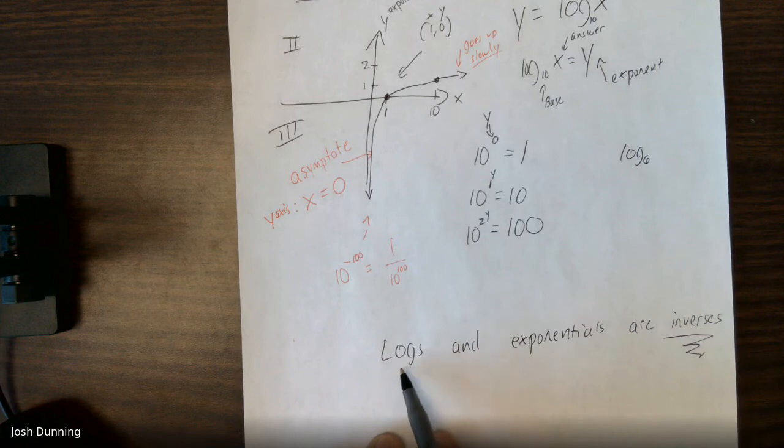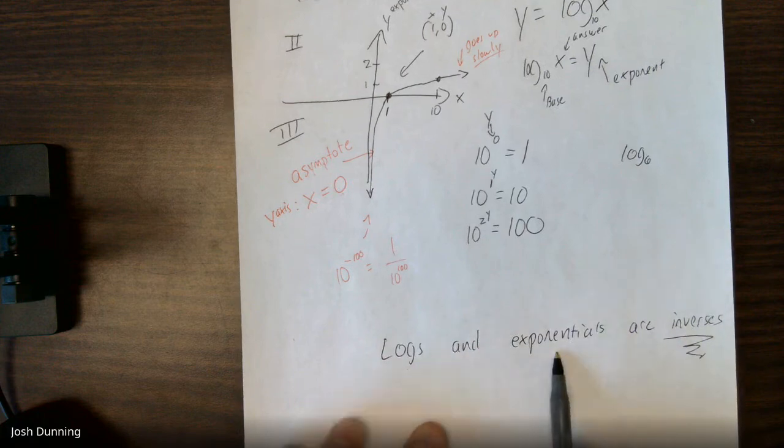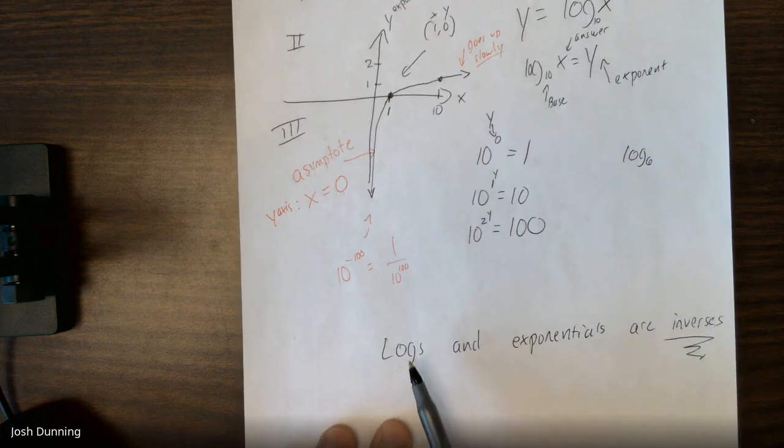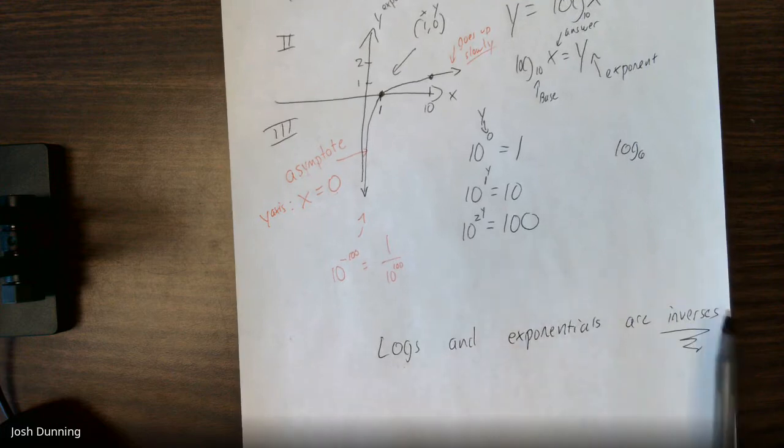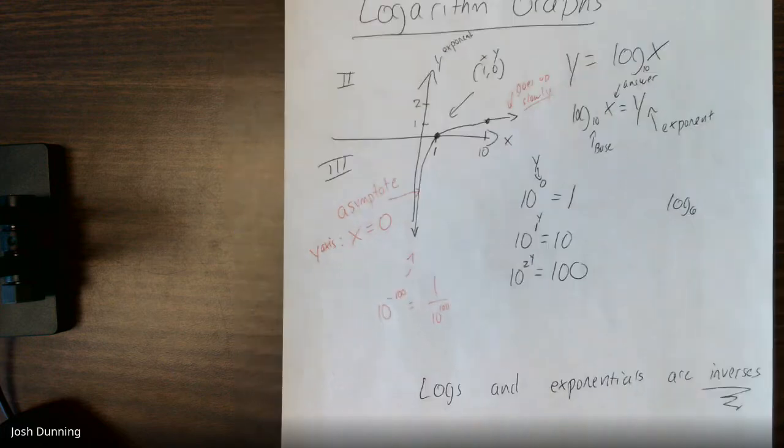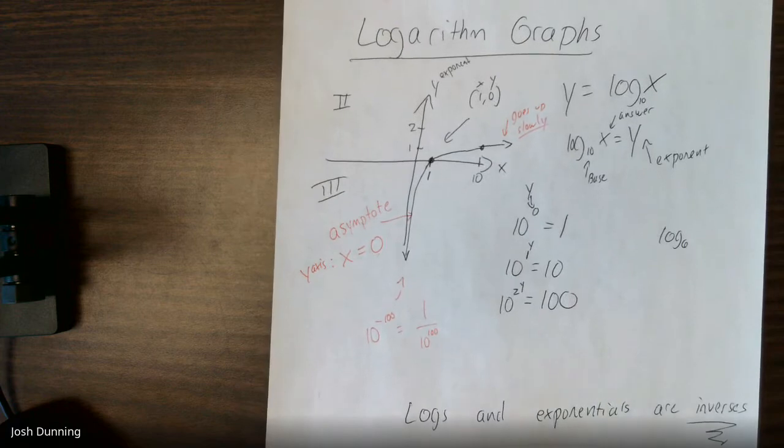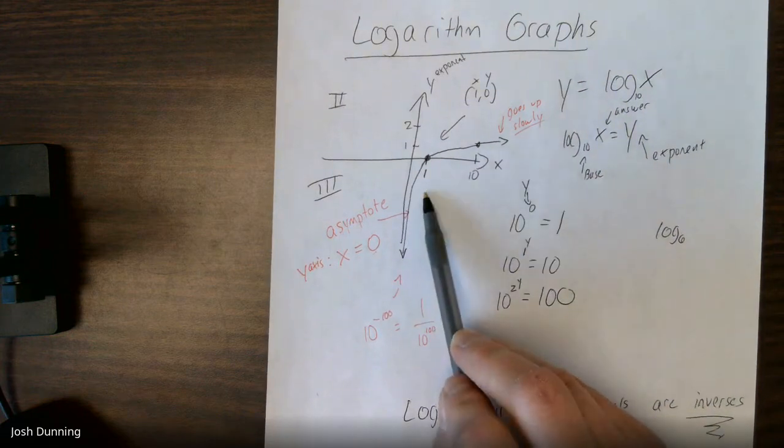That's how we solved some of the exponential functions, by taking the logarithm. We could do that because they are inverses. So they'll ask which graph shows the inverse of, I don't know, y equals 2 to the x. So you think, hey, that's an exponential. If I take the inverse of that, it's a logarithm graph. And then you pick the one that's shaped like this.